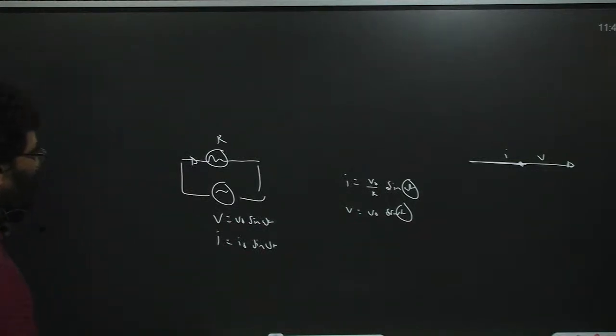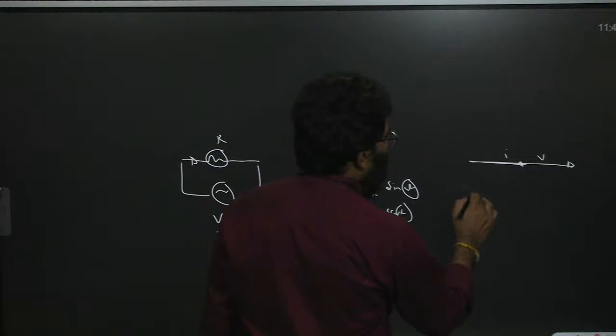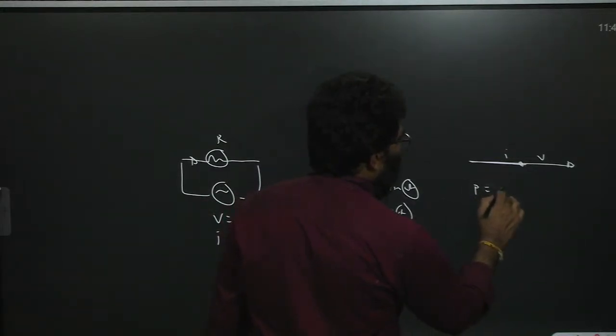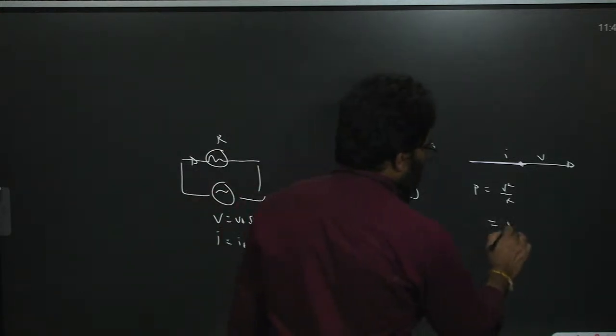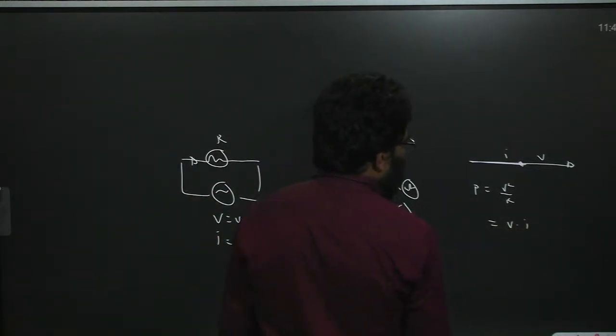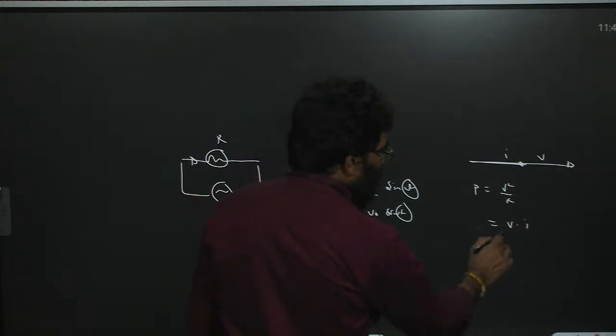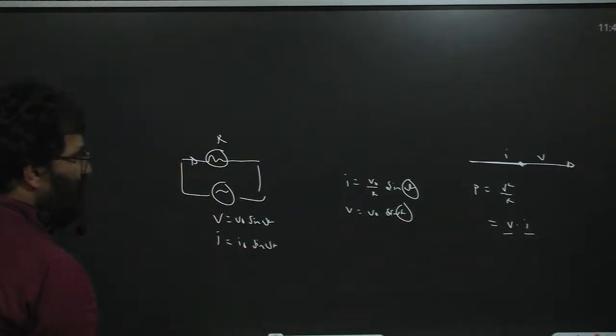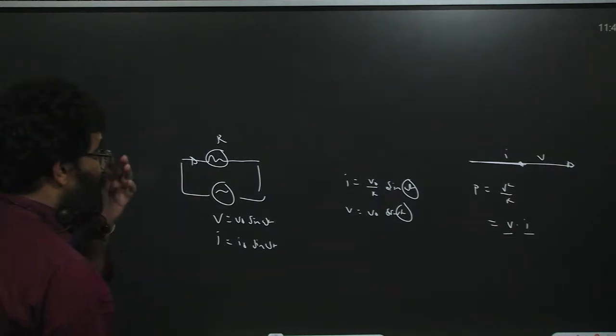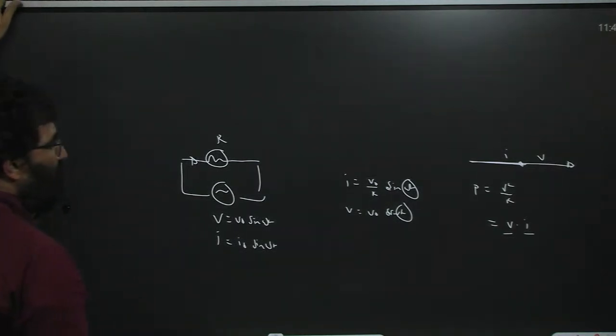Now, the power consumed by the resistance is what? Power is V square by R or V into I. So power dissipated or consumed will be V into I. How to calculate V into I?